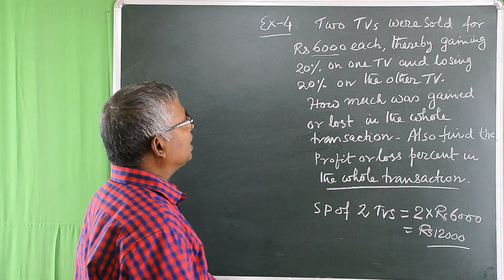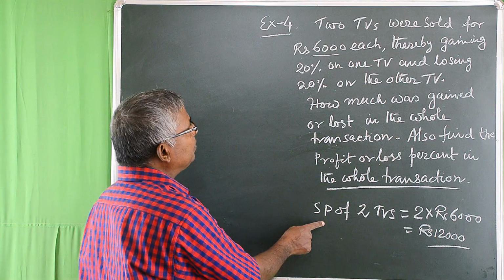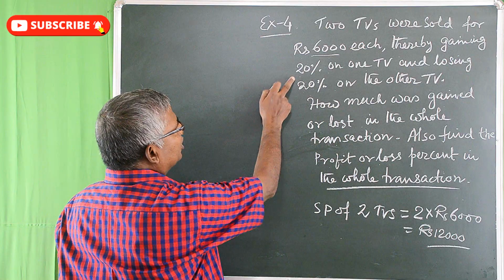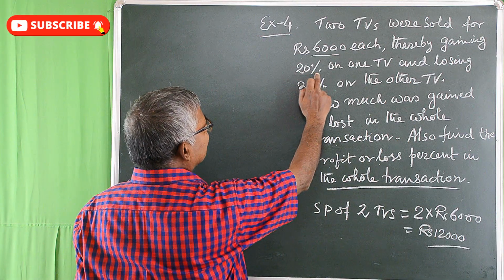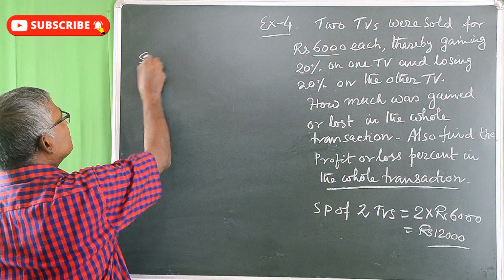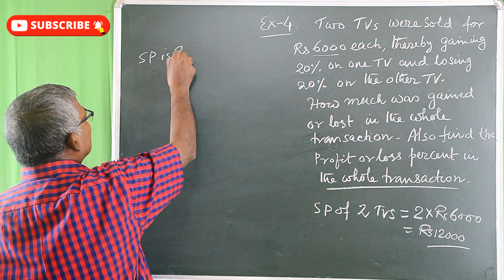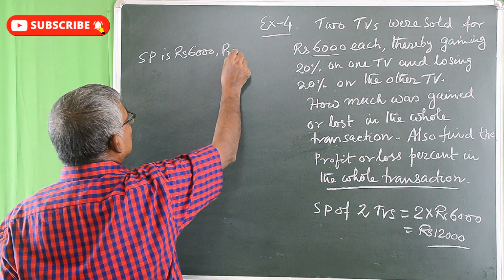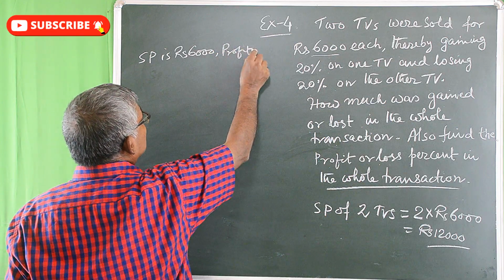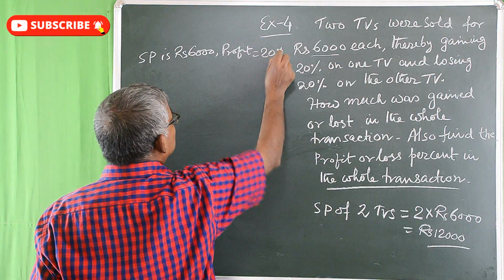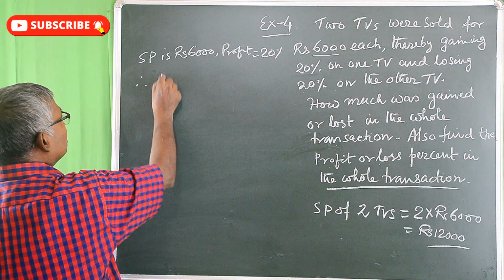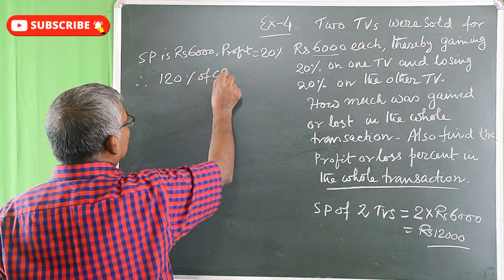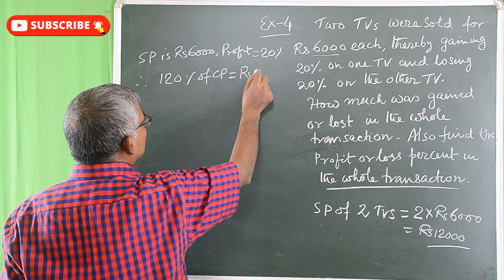Now we have to calculate the cost price of each TV. In the first transaction, the TV is sold on 20% profit. So SP is rupees 6,000, profit equal to 20%. Therefore, 120% of CP equal to rupees 6,000.